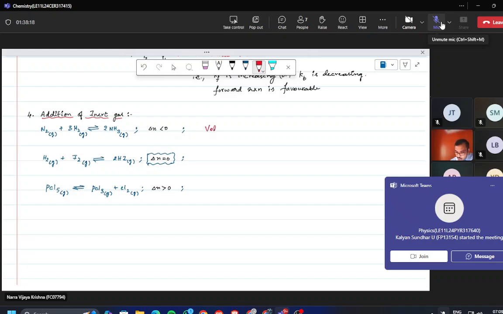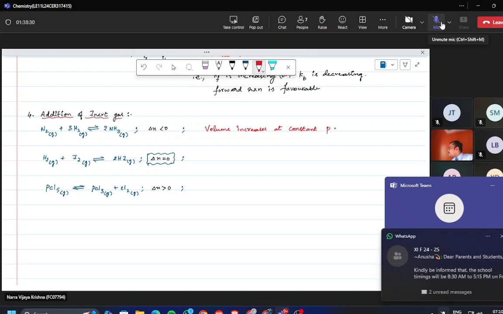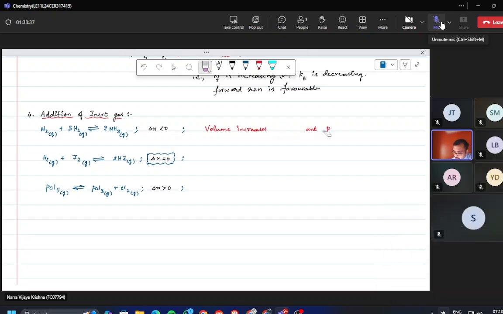Means volume increases at constant P. Correct, sir? Correct. So I don't want to increase pressure. So I am saying pressure is constant.